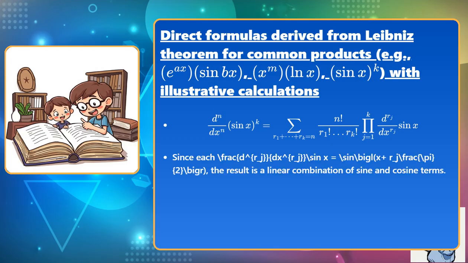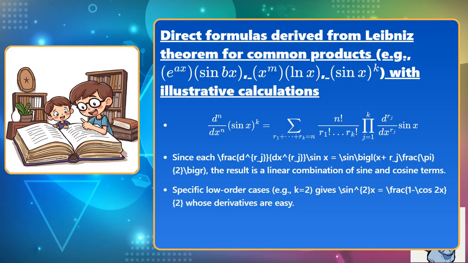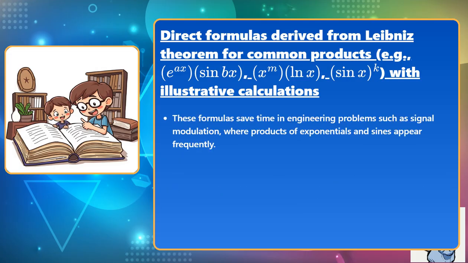Since each r sub j th derivative of sine x is sine of x plus r sub j pi over 2, the result is a linear combination of sine and cosine terms. Specific low-order cases, for example k equals 2, give sine squared x equals 1 minus cosine 2x over 2, whose derivatives are easy. These formulas save time in engineering problems such as signal modulation, where products of exponentials and sines appear frequently.